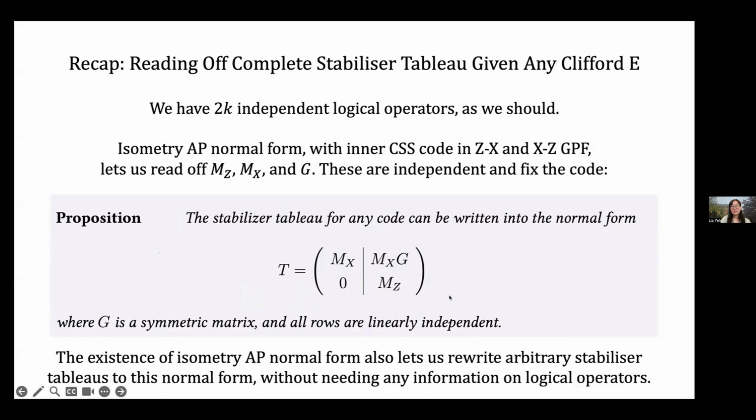So we can still find Mx, G, and Mz given this information. And in fact, the existence of this normal form helps a lot in this derivation, because knowing that any encoder must follow this decomposition helps with the reasoning. But I won't show it today.